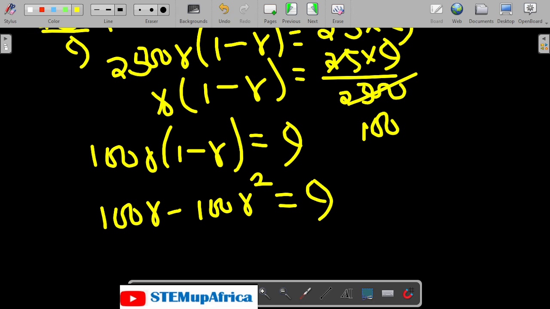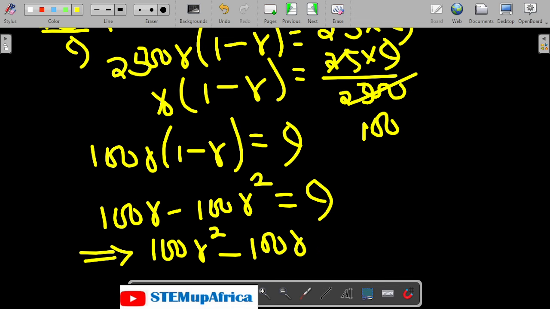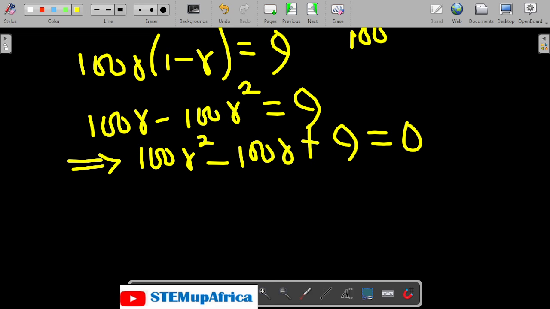Since we have r squared and r here, it's leading us to a quadratic equation. Let us rearrange it. This implies 100 r squared, by carrying everything to the right hand side, minus 100 r plus 9 is equal to 0. So to find r now, I will simply factorize it. So what can I multiply to have positive 900? If I add, I have minus 100.